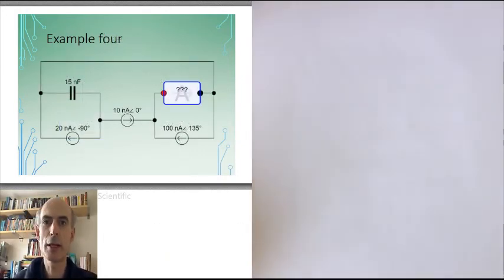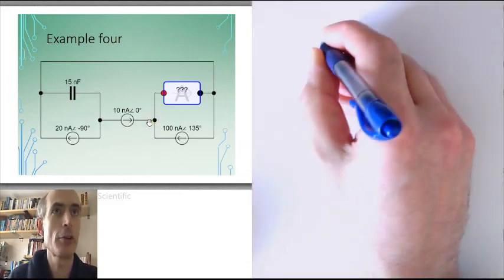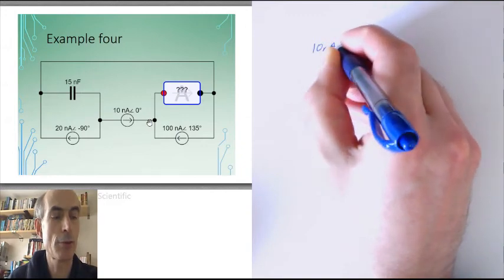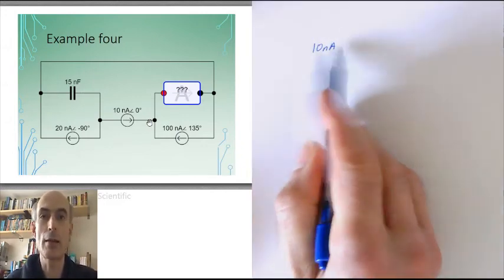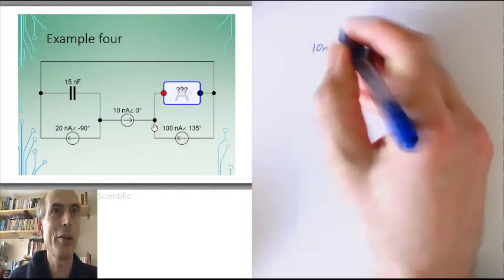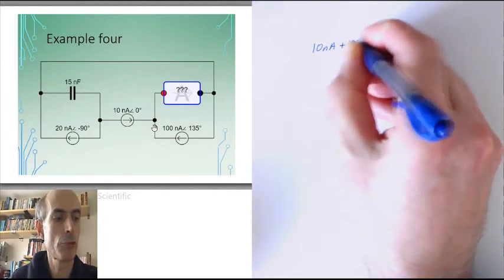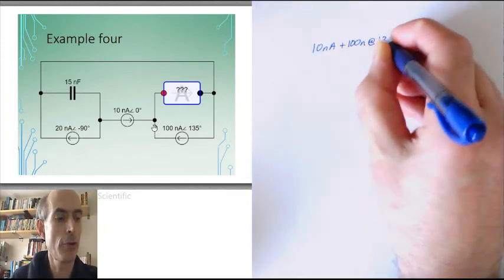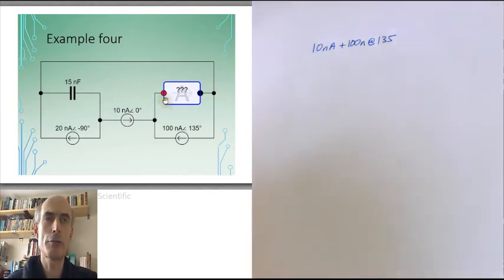The final one I'll look at is an application of Kirchhoff's current law. If we look at this node in the circuit here, we can see that the total current flowing in is an oscillating current represented by the phasor 10 nanoamps at 0 degrees, or just 10 nano, and an oscillating current represented by the phasor 100 nanoamps at 135 degrees, and the current flowing out of this node is the current flowing through the voltmeter.